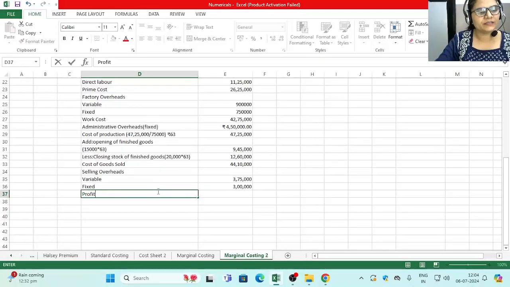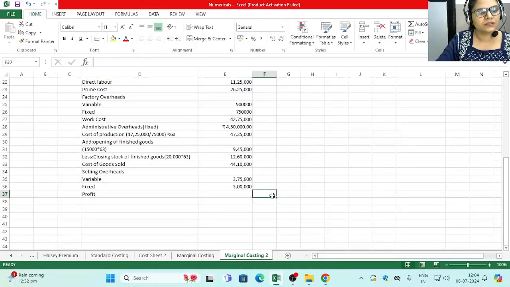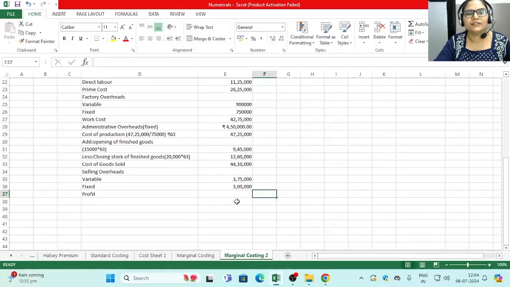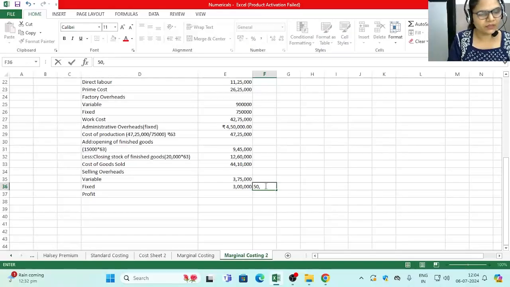Profit is... now we will do all these calculations, and after doing these calculations we got a figure of 50,85,000.